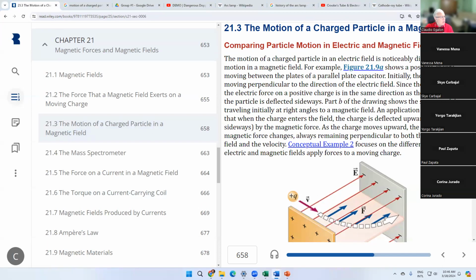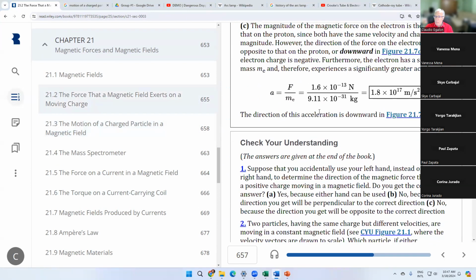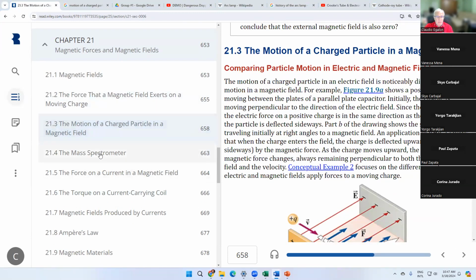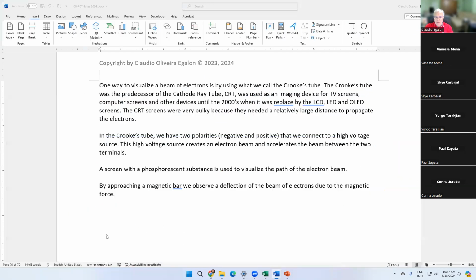But before we talk about the mass spectrometer, I'm going to talk about a simpler device, the velocity selector. The velocity selector is a much simpler device.